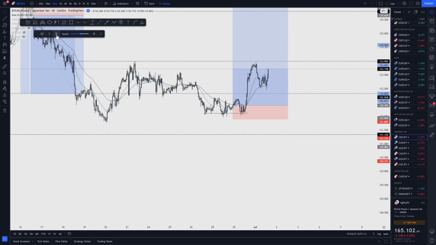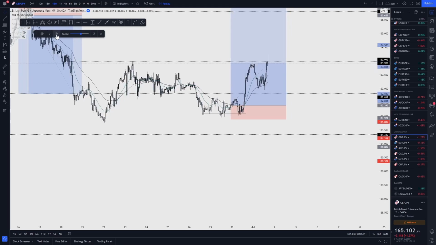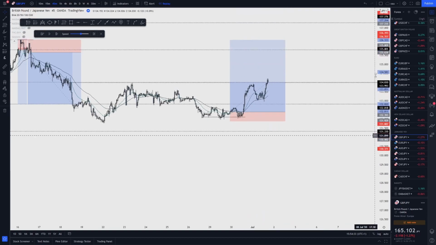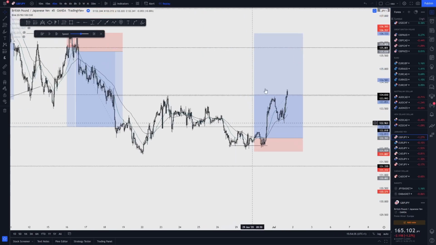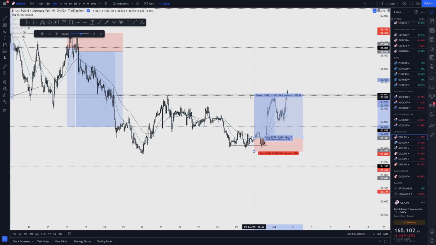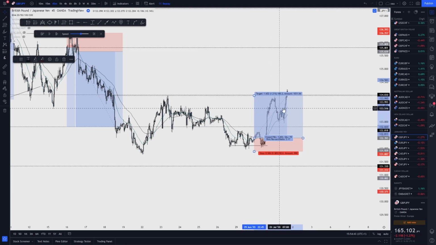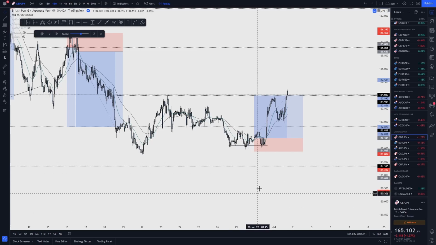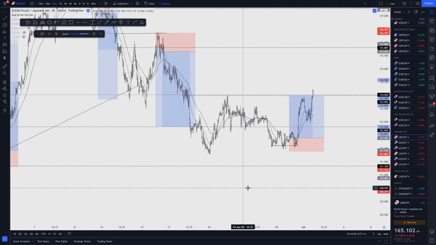But if you don't want to take the riskier entry, it's fine. You could have took an entry right there. That is a safer entry that you could have taken. That was probably the confirmation of the bullish trend. But from where I took a position, that was a higher low. The moving averages were crossing over to the upside. There was a reaction from this level in the past.